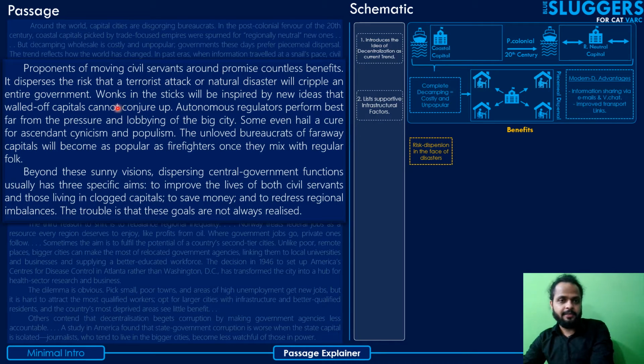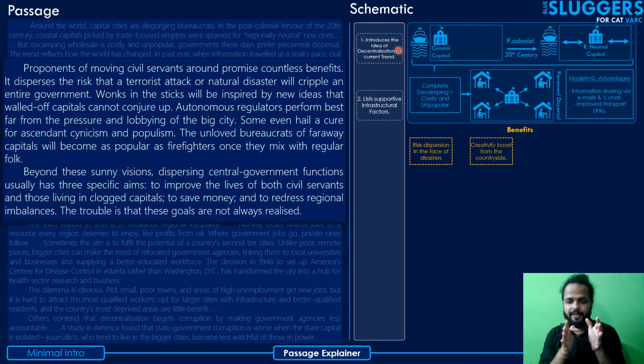Next, they will go on and say that Wonks in the sticks will be inspired by new ideas that walled-off capitals cannot conjure up. So Wonks, guys, is a term that is used in a slightly derogatory way for anyone who's very studious and very hardworking, who's generally not very creative, who does not have the ability to come up with out of the box ideas.